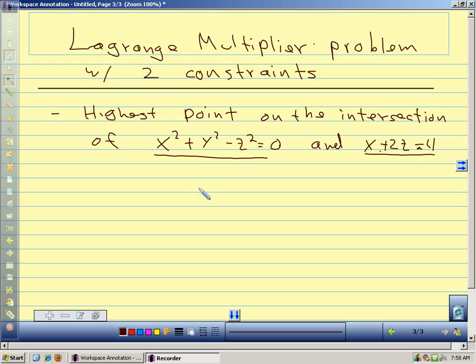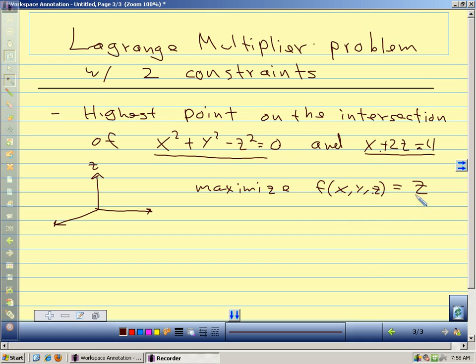If we're looking for the highest point, what function are we trying to maximize? What variable in our three-dimensional coordinate system gives us the height? It's z. So all we're trying to maximize is f of x, y, z equals z, how far it is above the xy plane.